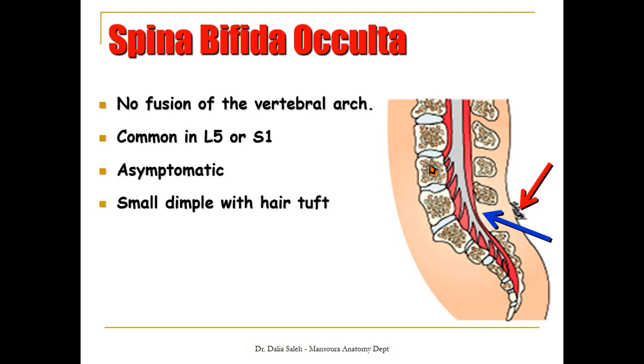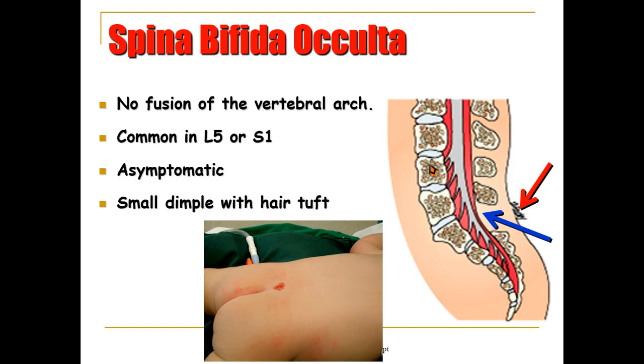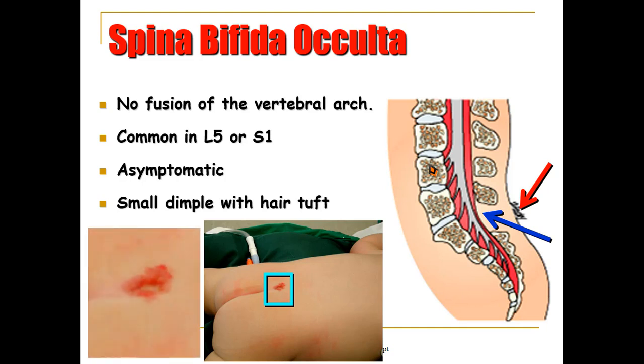It's only represented by a small dimple or abnormal hair tuft overlying it, like this. If we enlarge this area, you can see just a small sinus over the lower back region.